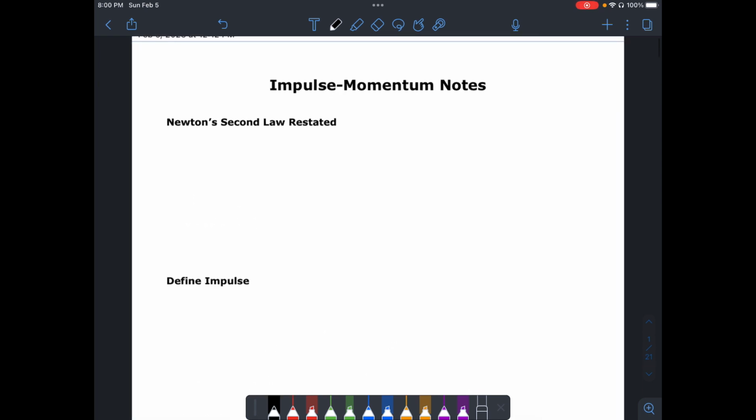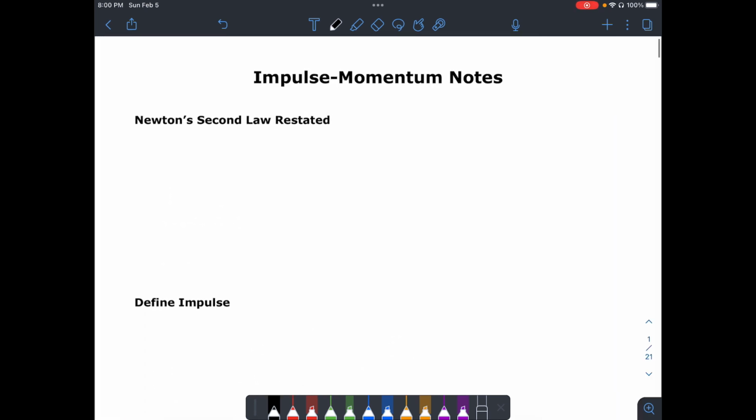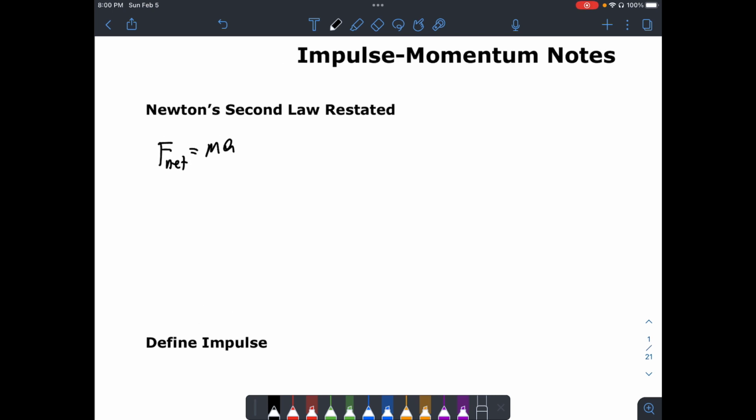Now, we're going back to Newton's second law, right? So Newton's second law we know as our net force is equal to our mass times our acceleration of our object. And we can rewrite this in a little bit of a different way.